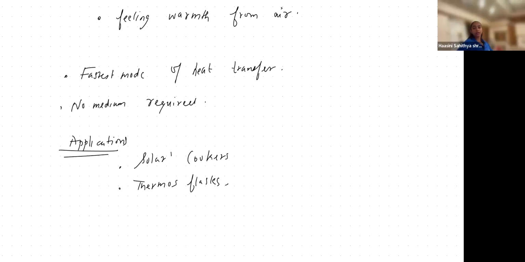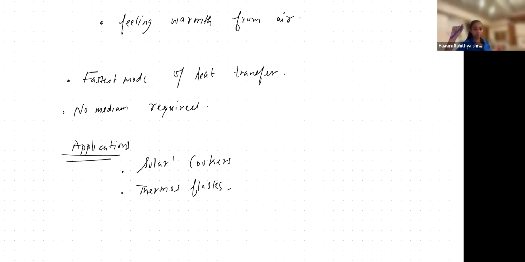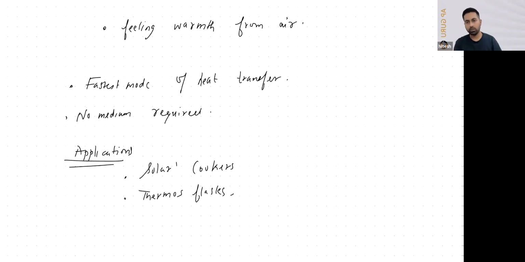Yes. So how do you rank all three modes of heat transfer according to speed? Radiation, no doubt, is winning all the time. The second one is convection, and the third one is conduction. Even if you rank it, there are a lot of factors depending. I'm a bit confused with conduction and convection because I have to check what kind of medium I'm talking about, more dense or less dense.